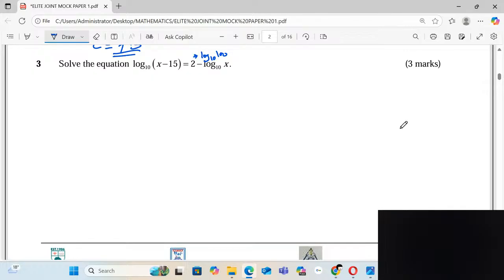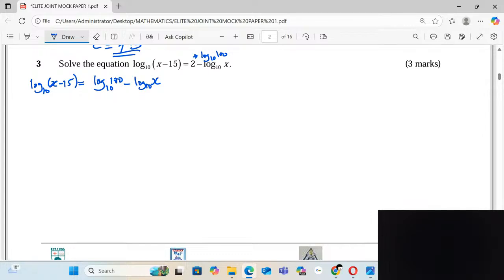So that we have logs all around. So we shall have log base 10 of x minus 15 equal to log base 10 of 100 minus log base 10 of x. So you can see we have logs everywhere.